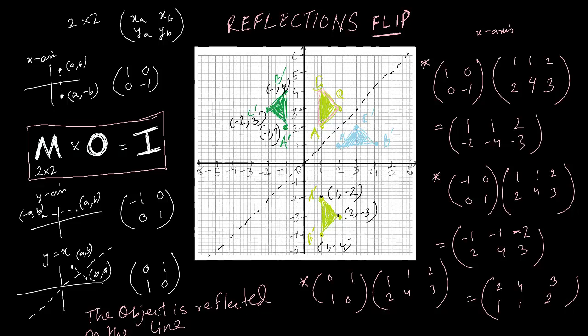It could be a line x equals 4 where you can count and find where it is reflected, but usually it's the x-axis, y-axis, and y equals x, on the line to give the image. So that's it.